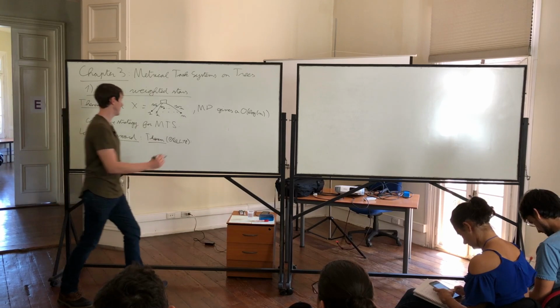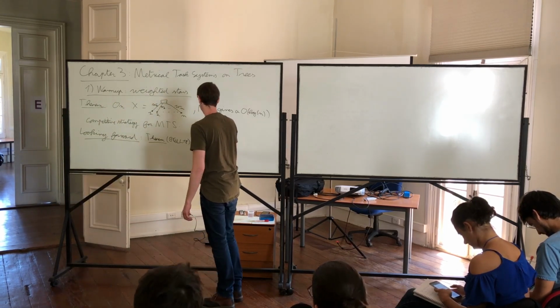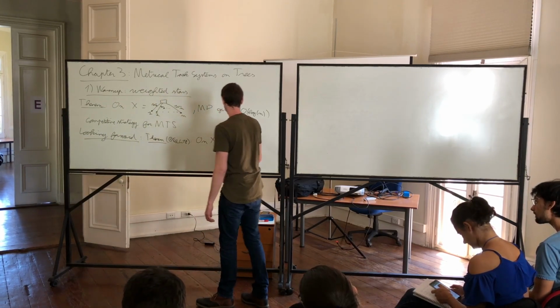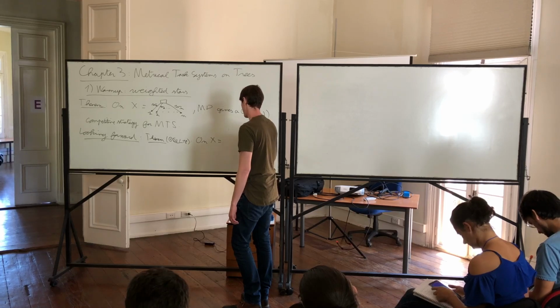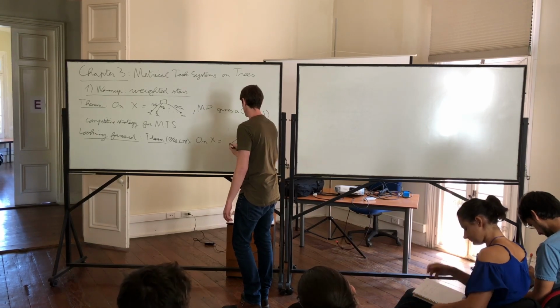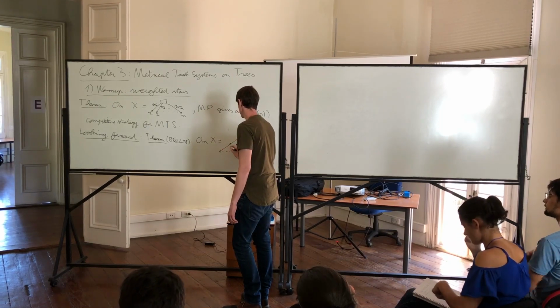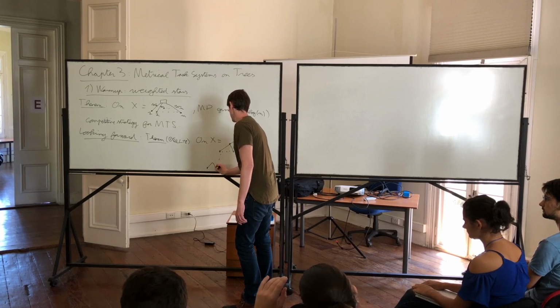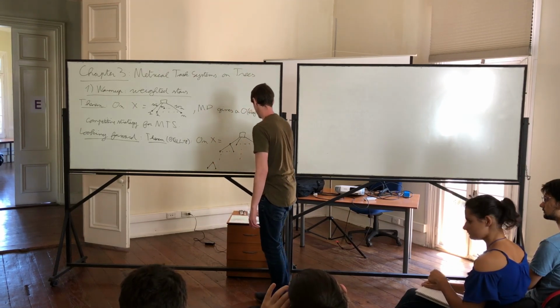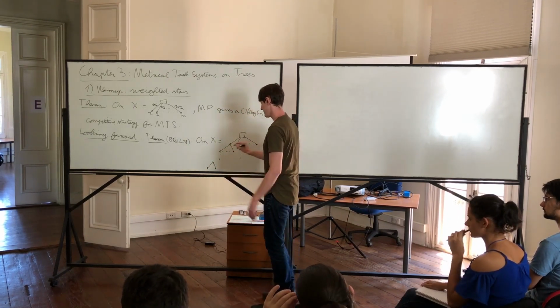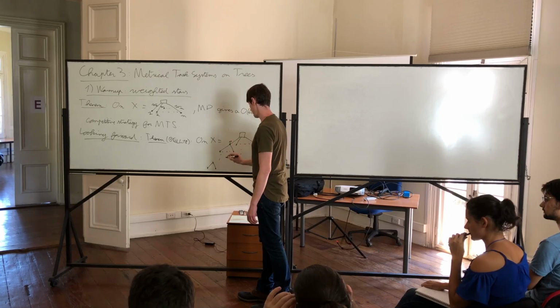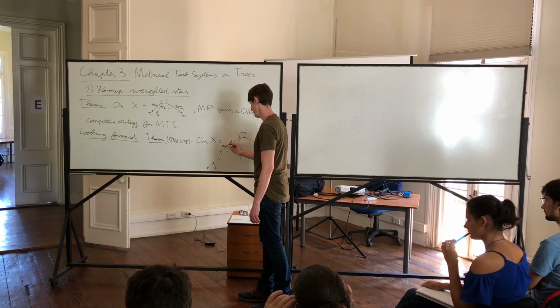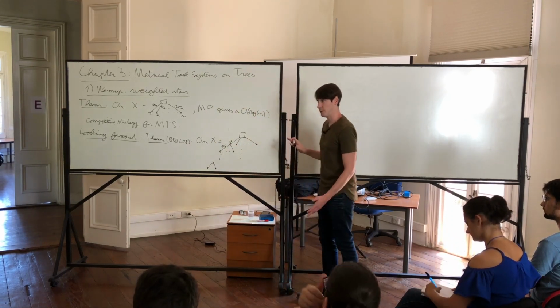So the theorem that we'll prove is that on X, which is now a tree, okay, so you have level 1, but then you have a level 2, etc., you know, like this. So you have multiple levels, and you have weights. So say, you know, if this is node U, you have a weight WU. Okay, so this is a weighted tree.